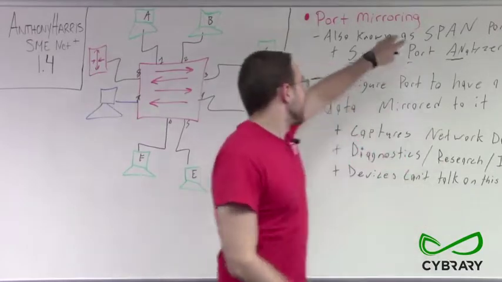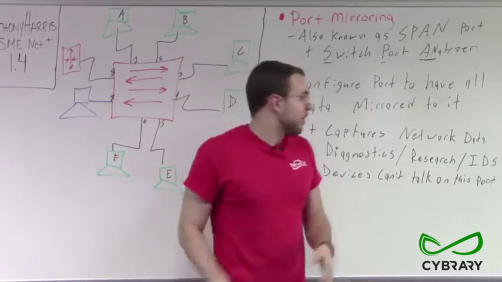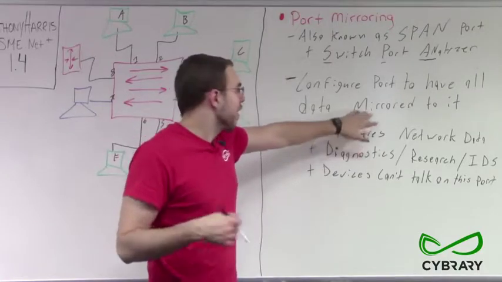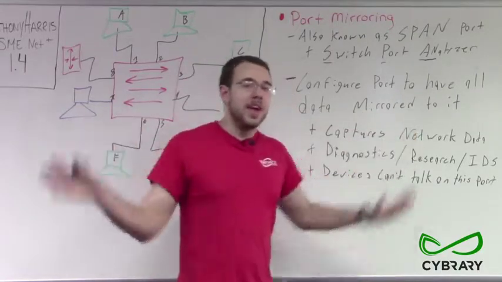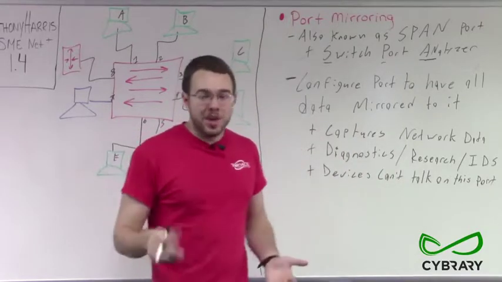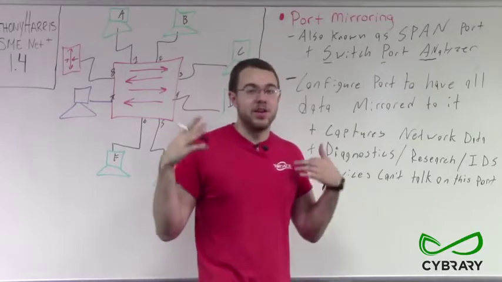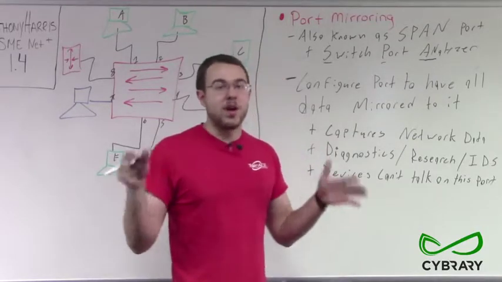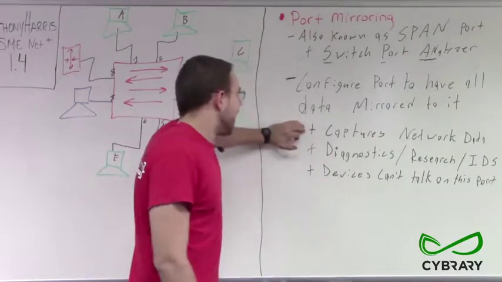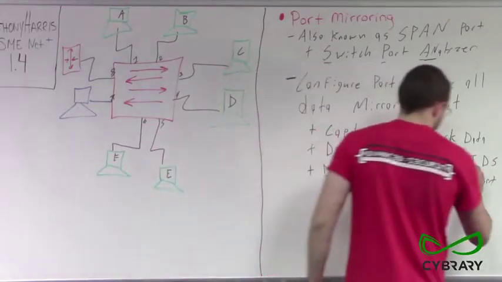So port mirroring, and for switches, SPAN ports, allow us to set up ports that have all the data mirrored to them. We say all the data here because it can be the max data that we capture, and then we can also capture only certain ports if we're trying to isolate and diagnose only traffic on certain ports. So this captures network data, and it's very useful for diagnostics, research, or setting up IDSs.